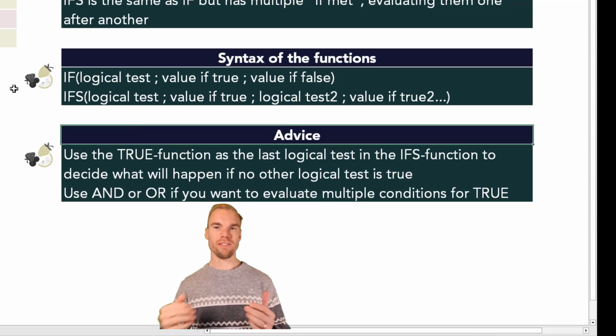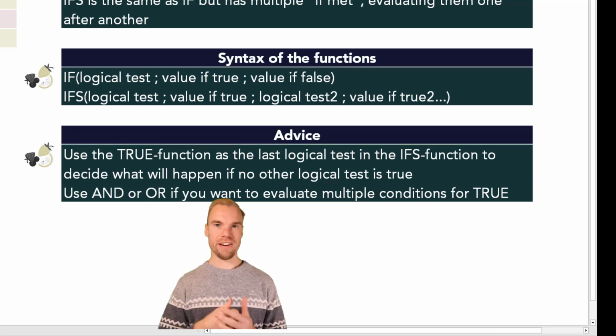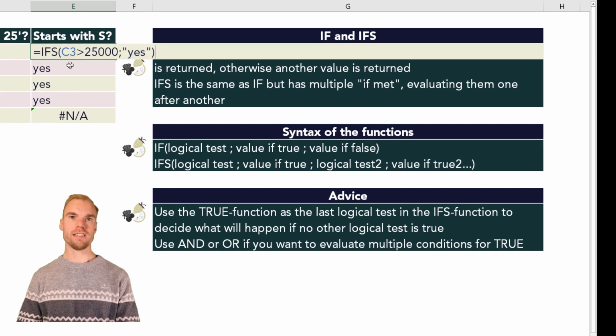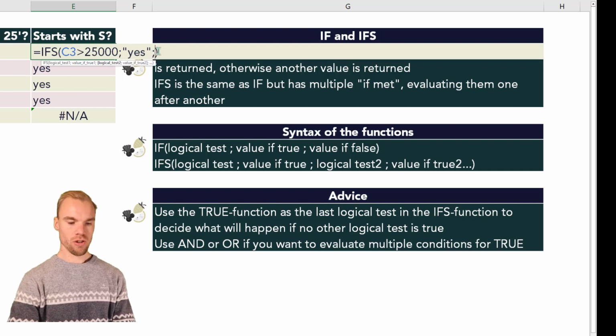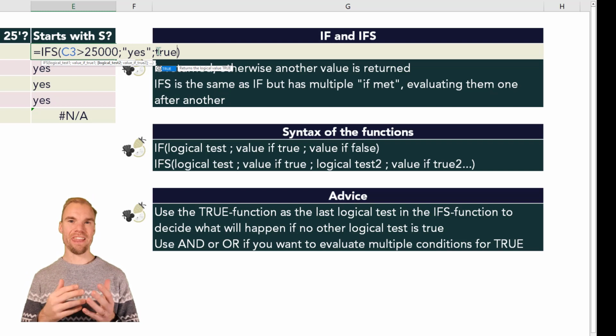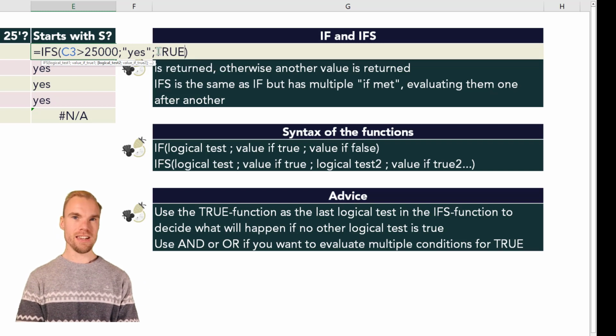And I have a couple of pieces of advice. As you saw here, we had error messages. What you can do with the IFS function is that as a logical test, you can write TRUE. That's actually a function in Excel that always evaluates true. So the second logical test will automatically be evaluated as true.